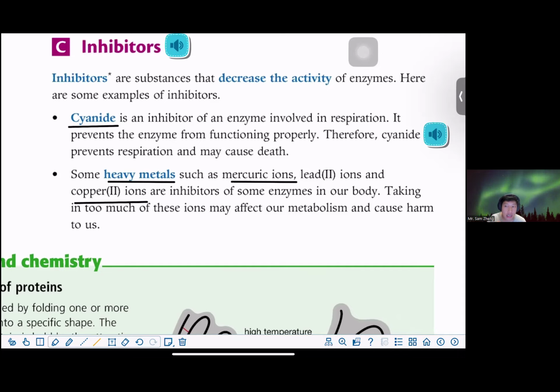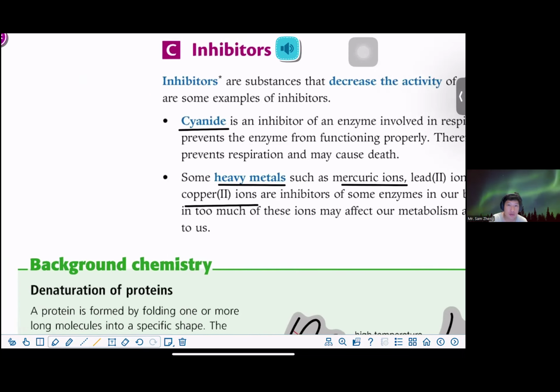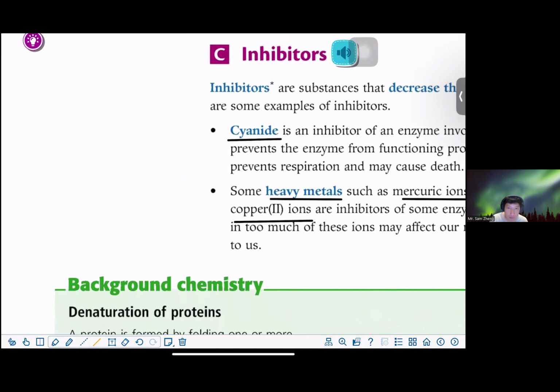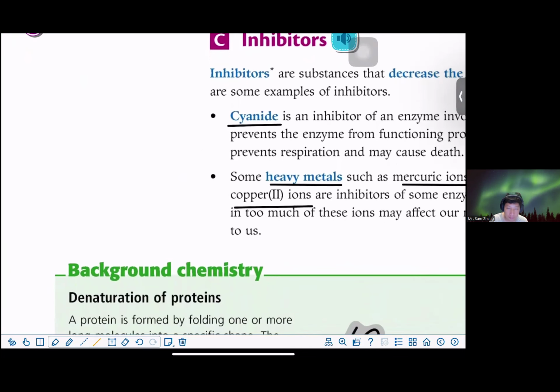Okay, so maybe let me use a more systematic way, or maybe a metaphor, to explain the two different types of inhibitor. If you look at some DSE papers, or some older version textbooks, you will see there are two terms for us to describe inhibitors.